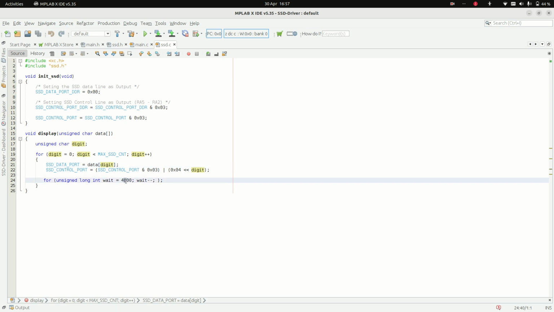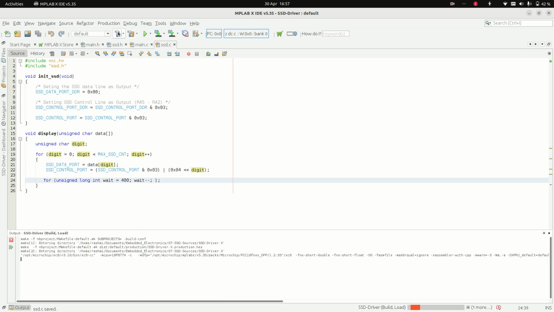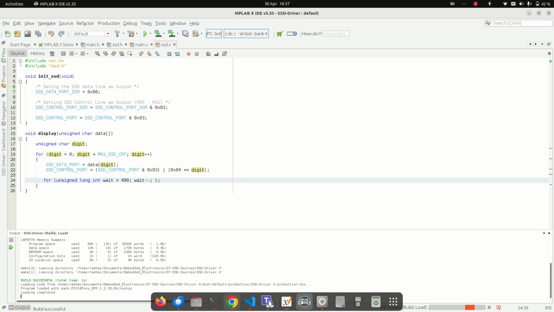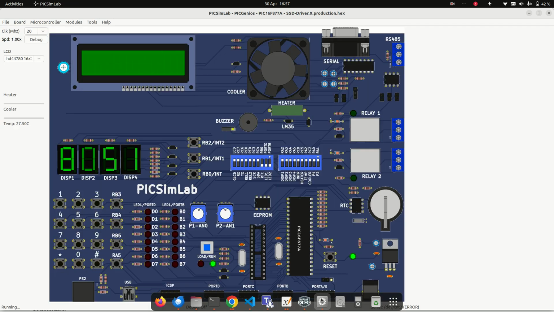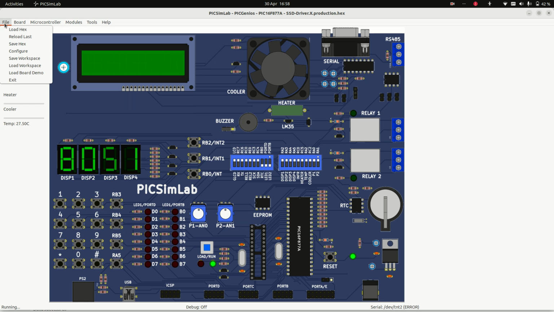Here I am writing 400 instead of 4000. Let's see what will happen now. Go to File, then reload last. See, here there is no delay, right? Yes, this is the output.